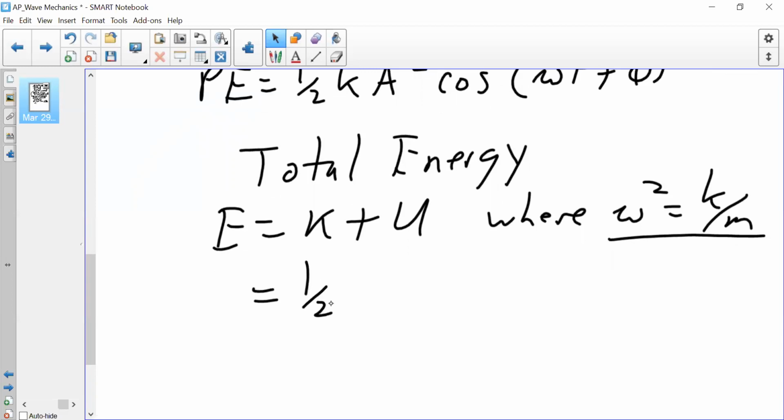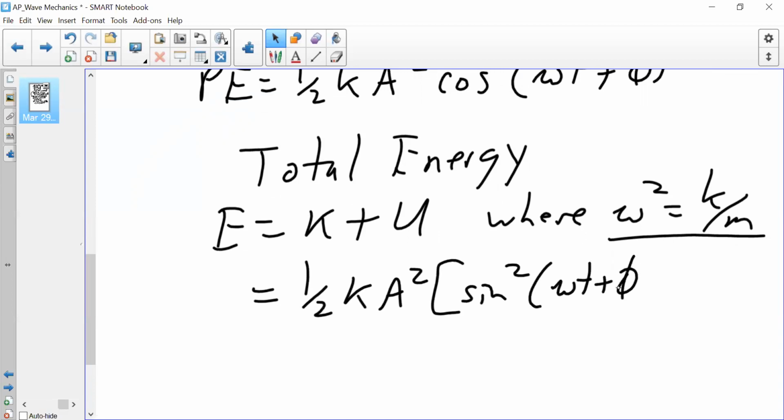So 1/2 k A squared, just factoring out, sine squared omega t plus phi plus cosine squared. Okay.